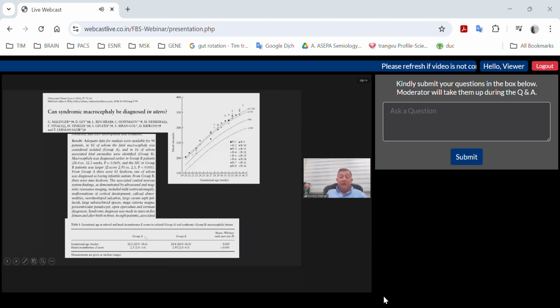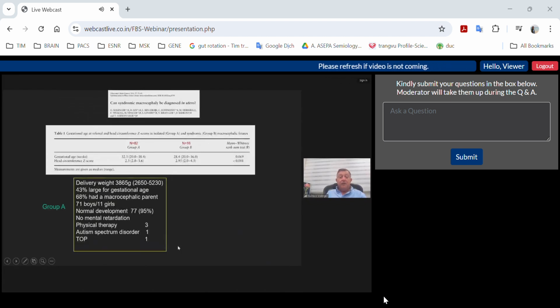When we put together our data, the gestational age of appearance of the macrocephaly didn't reach statistical significance, and the only calculation that reached statistical significance was the head circumference Z score at the examination, that in group A was 3, and in group B was almost 3 standard deviations.